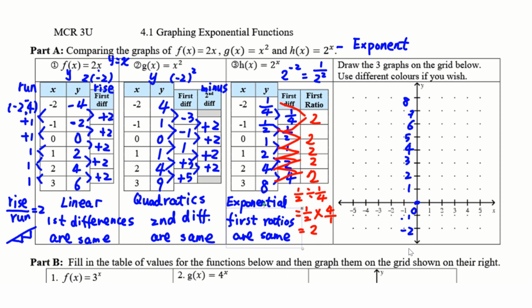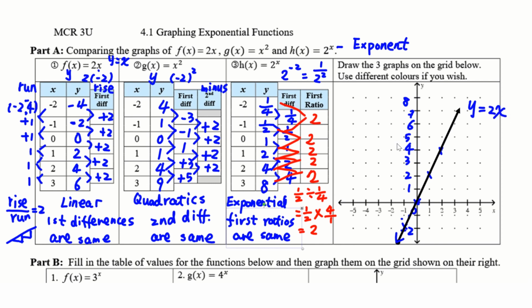So this is -1, -2, then the next point 0, 0, then 1, 2, 2, 4. Then we could use a ruler to draw a straight line to connect them. So this is y equals 2x. So that is a straight line.